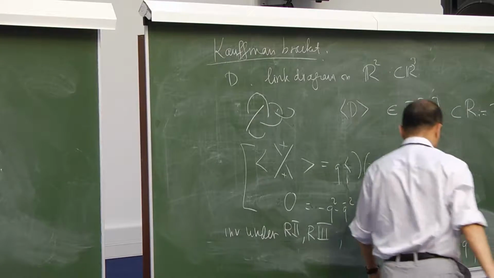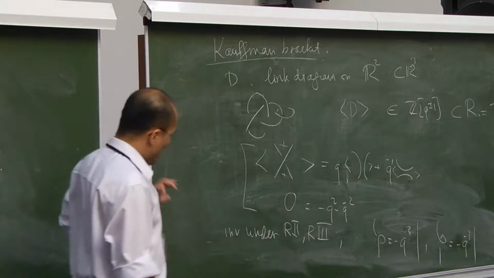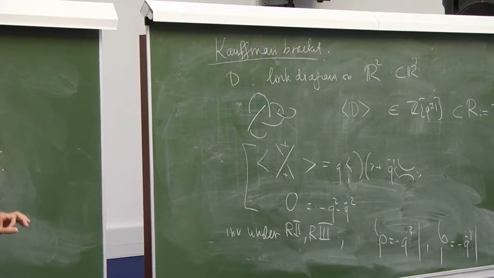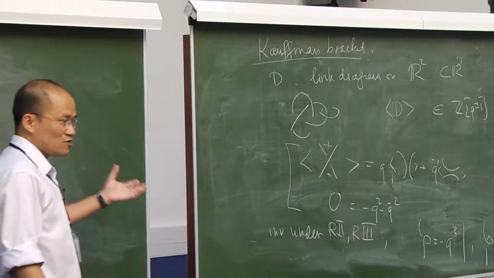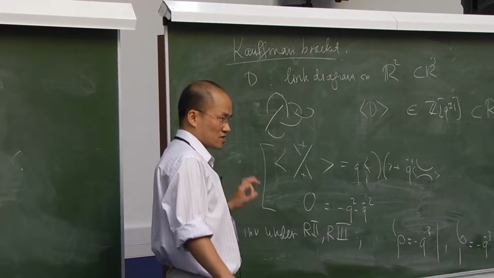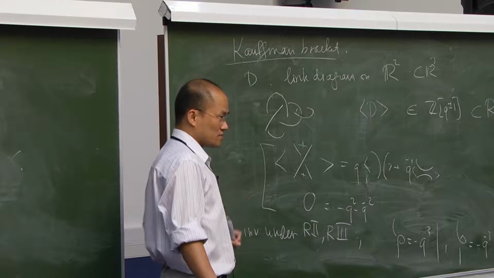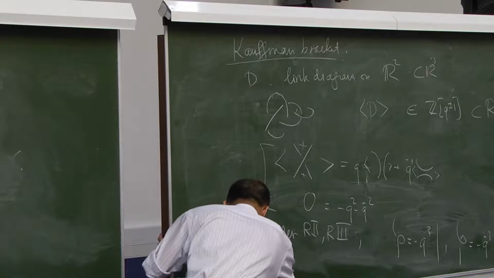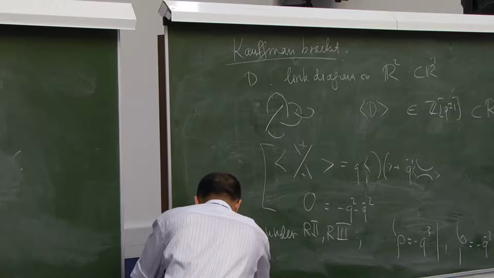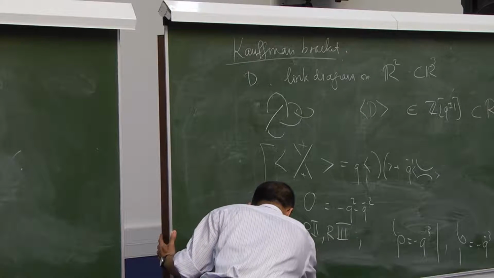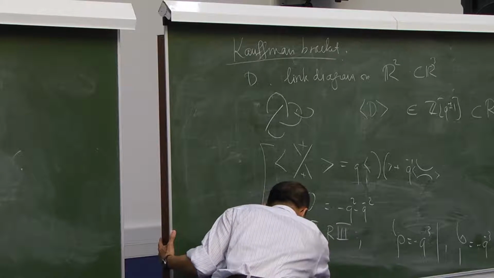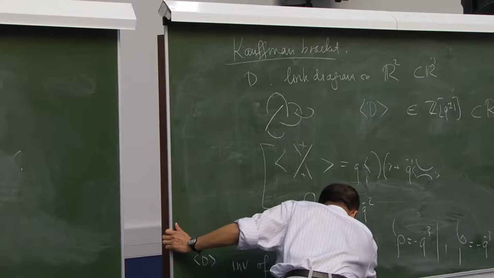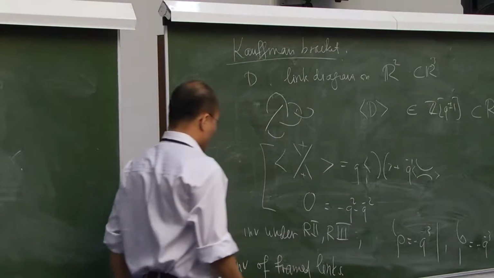So essentially, you can easily show that this is an invariant. Although you begin with a link diagram, it will be an invariant of framed links in R3. So the bracket of D is actually an invariant of framed links.